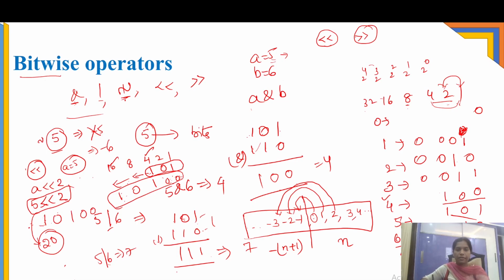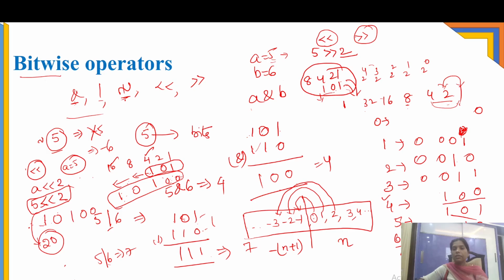Next, right shift. Let us understand the 8421 code with 101, 5 right shift by 2. 2 positions should be moved to the right. So here there is no place, right? 2 bits will fall down, and 101 will be converted into 1.